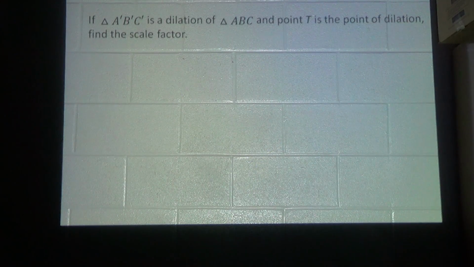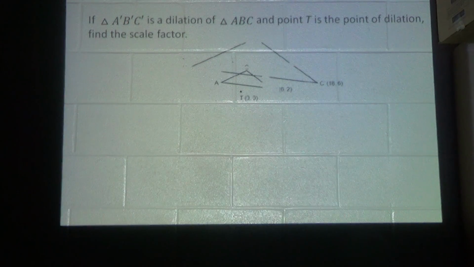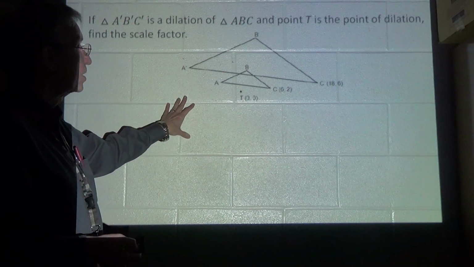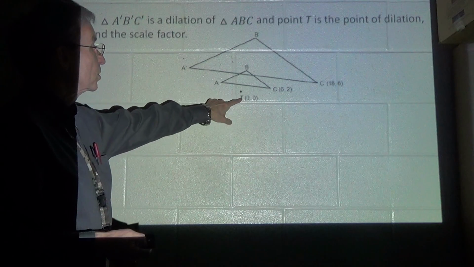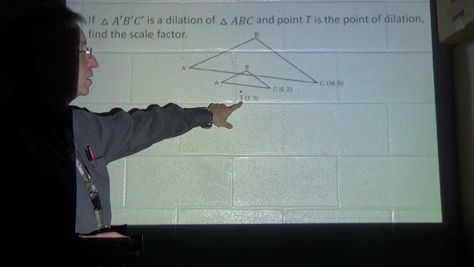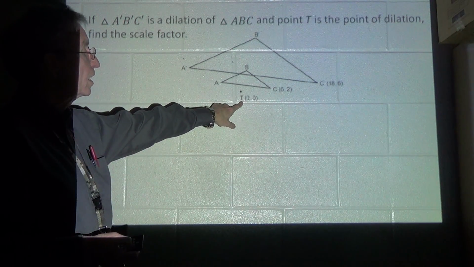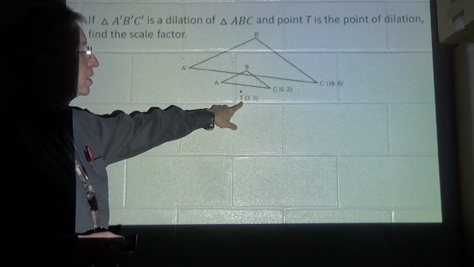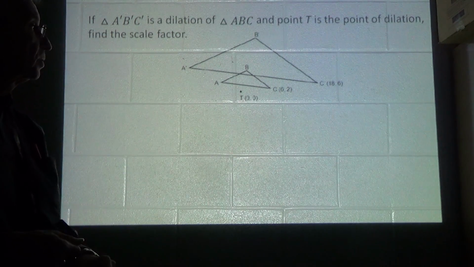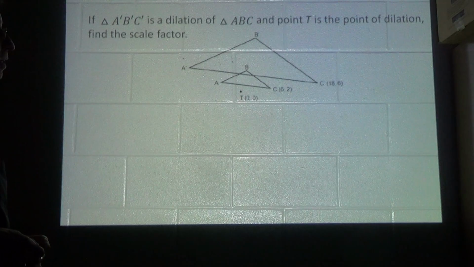Okay. If triangle A prime, B prime, C prime is a dilation of triangle ABC and point T is the point of dilation, find the scale factor. This is what you see on the standardized test all the time. They're giving us that the point T, the point of dilation, is 0, 0. That's very important because if it's not 0, 0, it gets much more complicated.